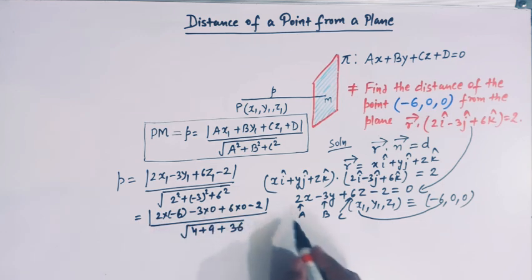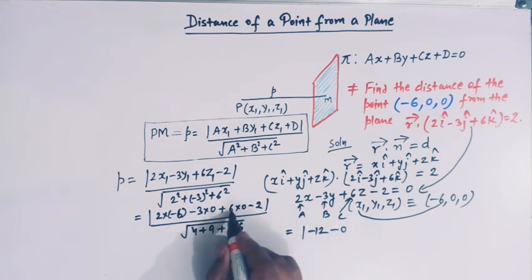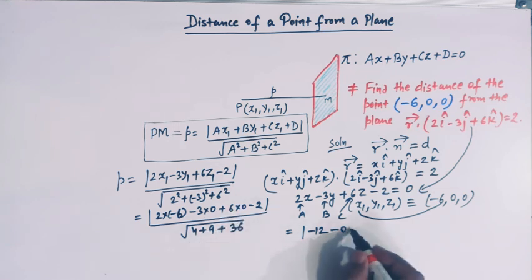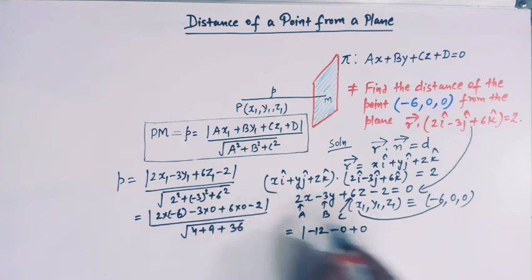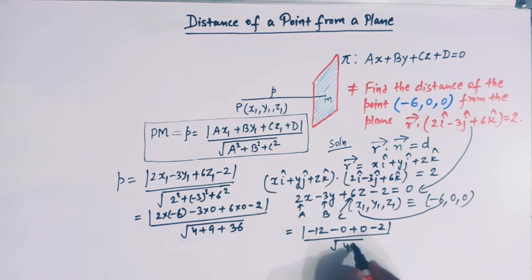So now this can further be written as absolute value of this is minus 12, this is 0, and 6 times 0 is again 0, and here we have minus 2, right? And divided by square root of this is 4 plus 9, 13 plus 36, that is 49.